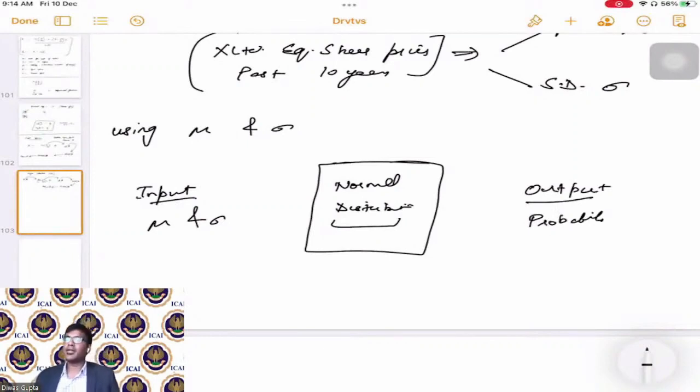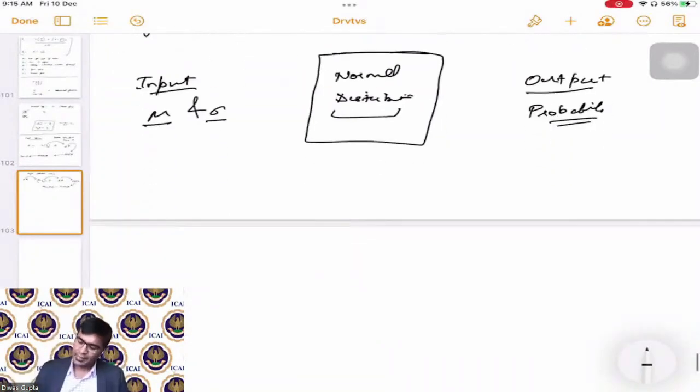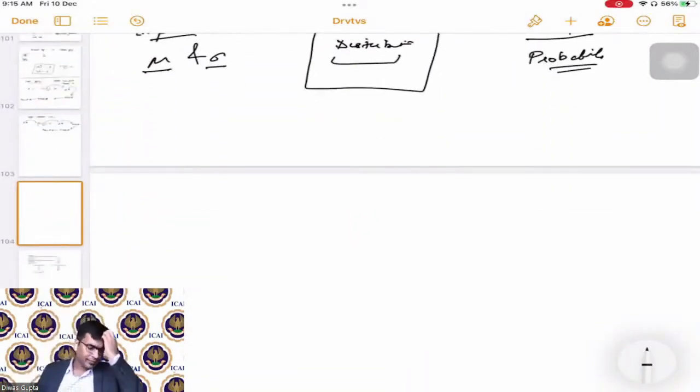So what this normal distribution will do is read the series through this average and this standard deviation, do some processes using the normal distribution table, and the output that you will get is the probability. Now, let me explain what kind of probability.